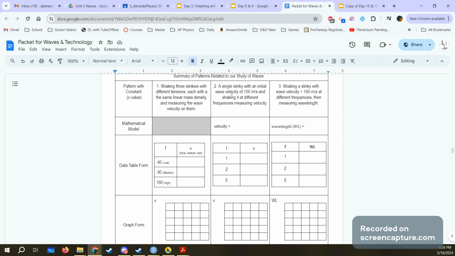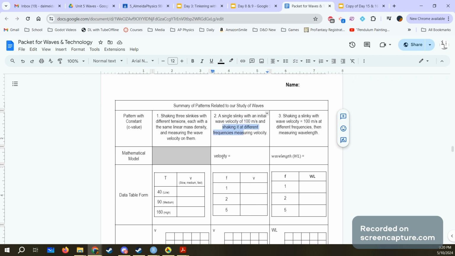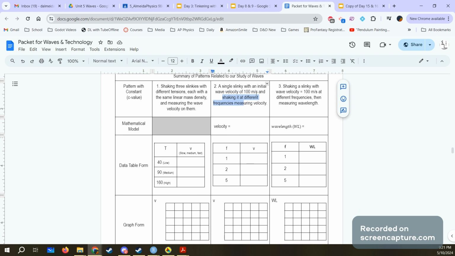In this second situation, we're told the velocity of the wave, and we're shaking it at different frequencies. Great, but frequency doesn't affect the velocity. Just like if we gave it different names, or it was a different colored string, it doesn't matter. It's not going to affect the velocity. So our velocity of 100 is constant.